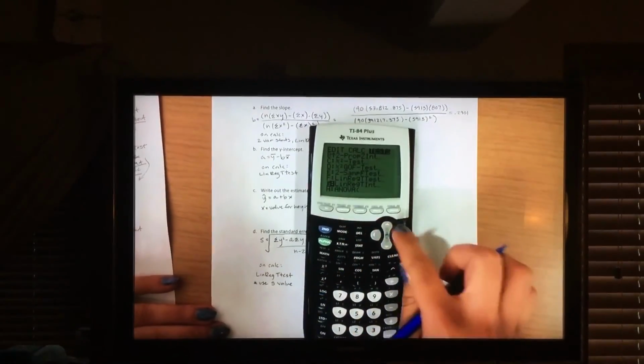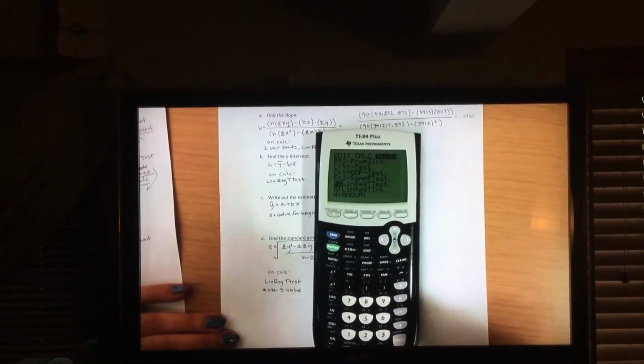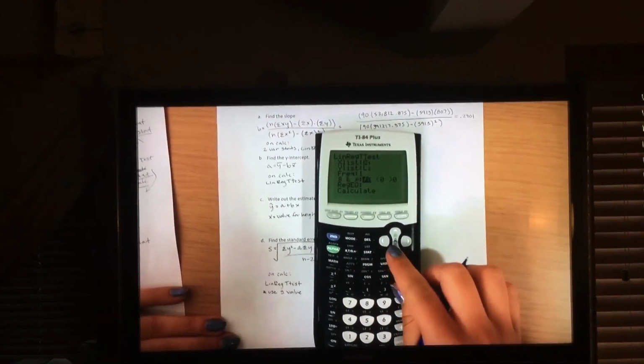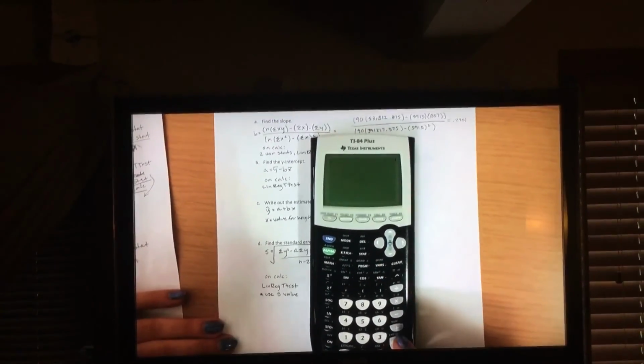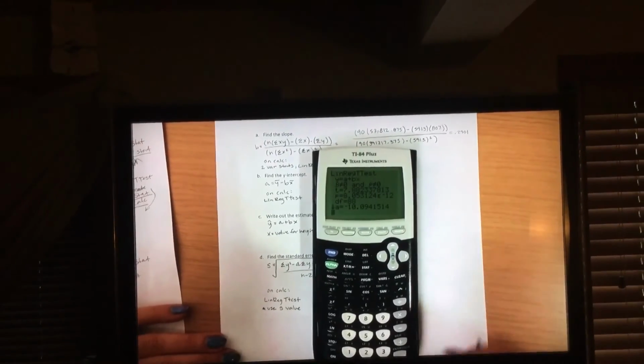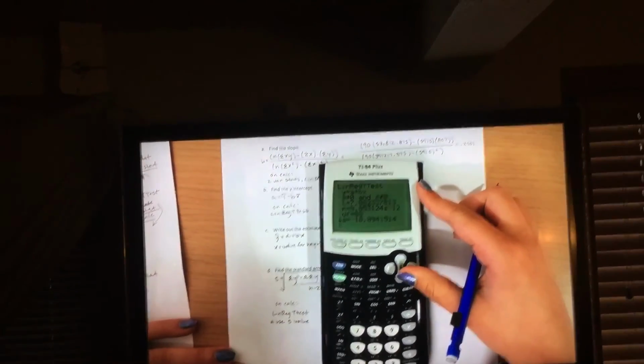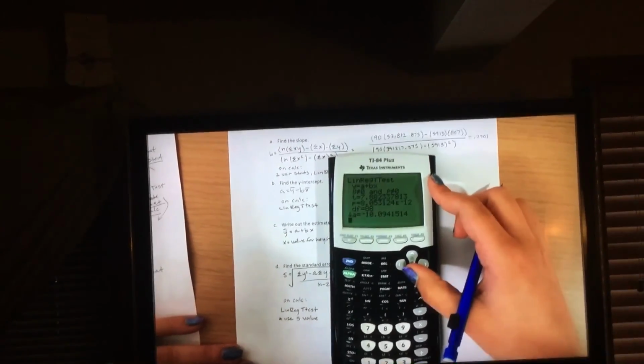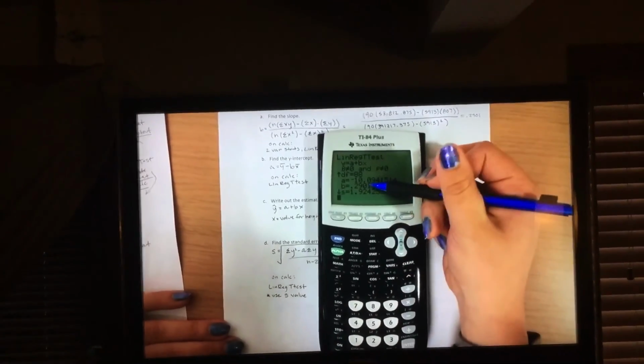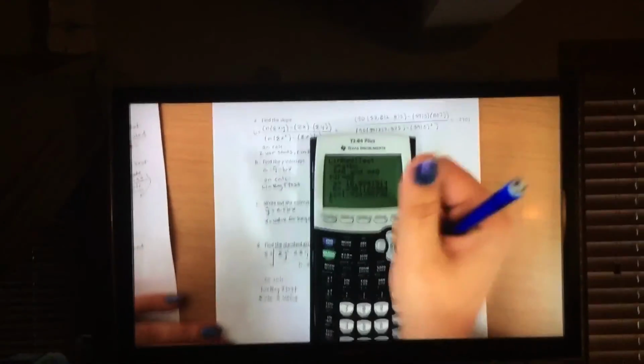And here we are confirming that in LinRegTTest, which is F on your TI-84 test menu under stats. There we go. Scroll down and we've got our b value. Excellent.